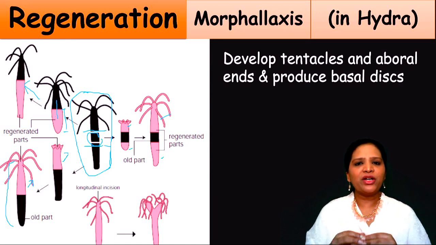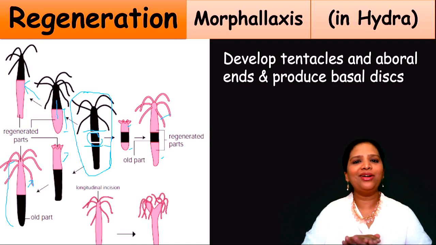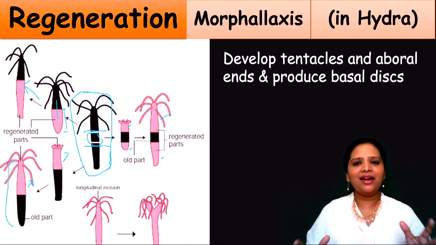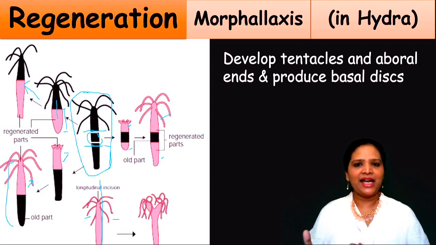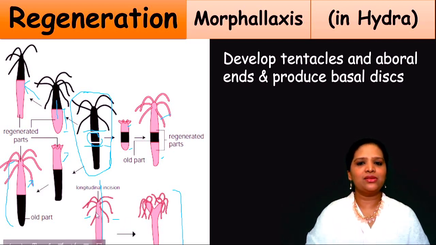So the Hydra has this peculiar characteristic of regeneration. Because of this, scientists used to say Hydra has no death. There is no mortality for Hydra. Why? If you cut the Hydra into 100 parts, every part develops into a new Hydra. There is no natural death in Hydra. Look here, even if you cut this in a longitudinal section like this, both the left and right sides get regenerated into the original structure.